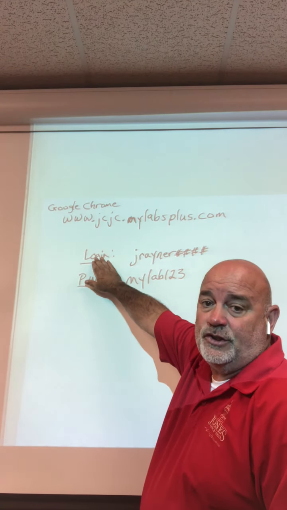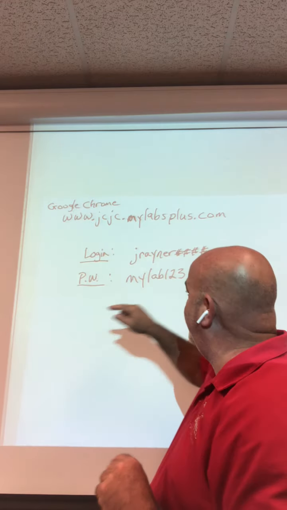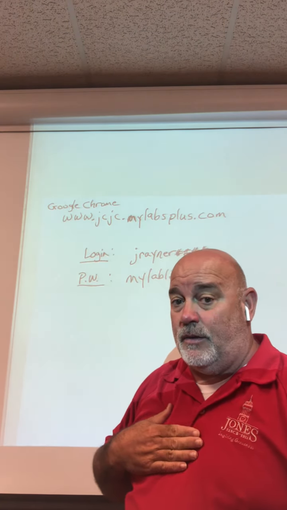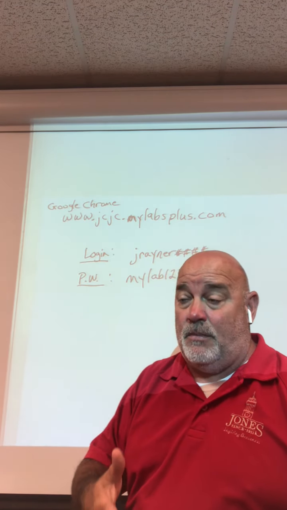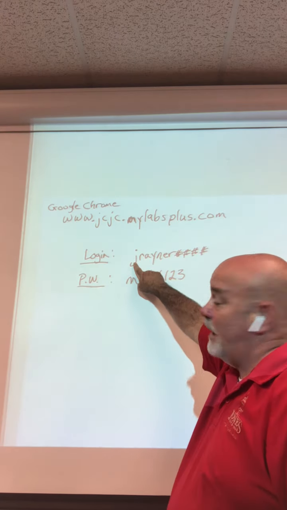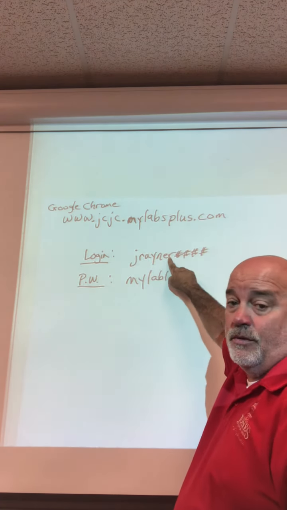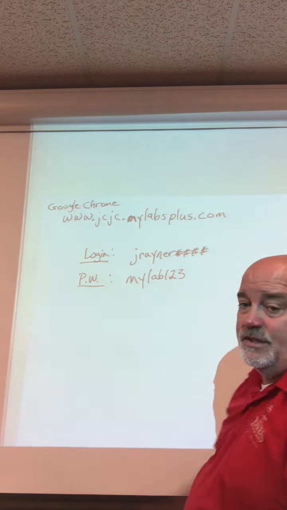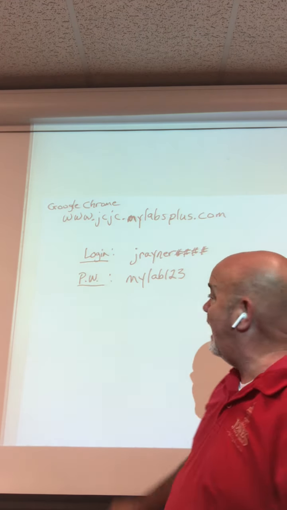All right, so here's what you use for your login. You use the first initial of your first name. Now, my name is Tim Rayner, but my first name is James. It's James Timothy Rayner. I go by Tim. So right here, I have to use J for James. J Rayner, no spaces, and then the last 4 digits of your ID number, not of your social, of your ID.